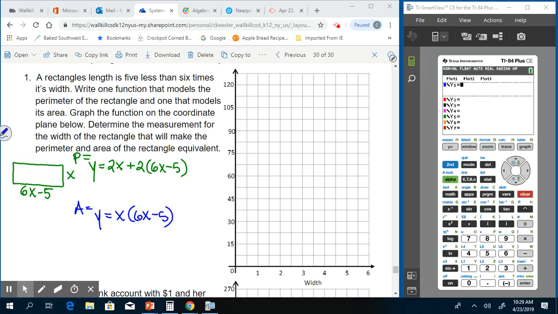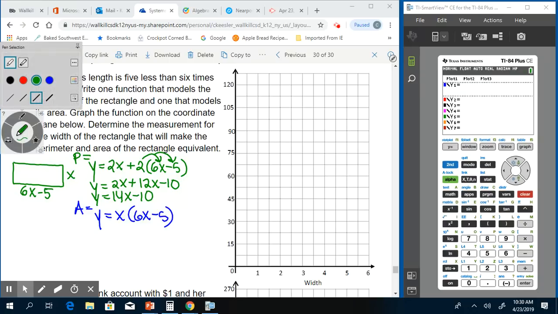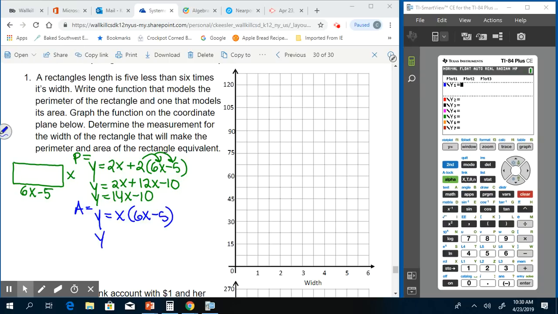Now we can simplify them a little bit more so it's easier to graph them. So we have y equals 2x plus 12x minus 10 if I distribute the 2, which is equal to 14x minus 10. And in our second equation, we could leave it the way it is, but I like to see my x squared, so y equals 6x squared minus 5x.